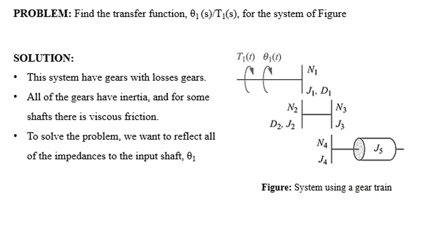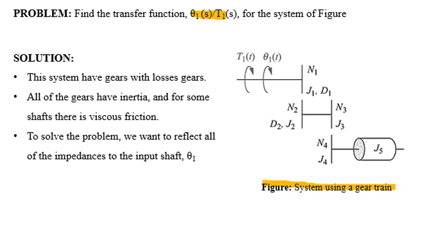Dear students, now we will find transfer function for a system with gear trains having losses. In previous examples, we were considering that gears are lossless, but now in this case, these gears will have some inertial or viscous damping components. In this example, we have to find transfer function theta1 of s over T1 of s.